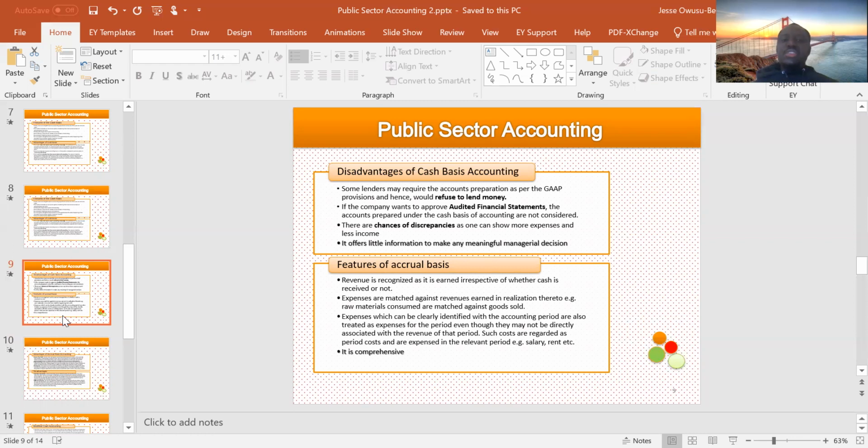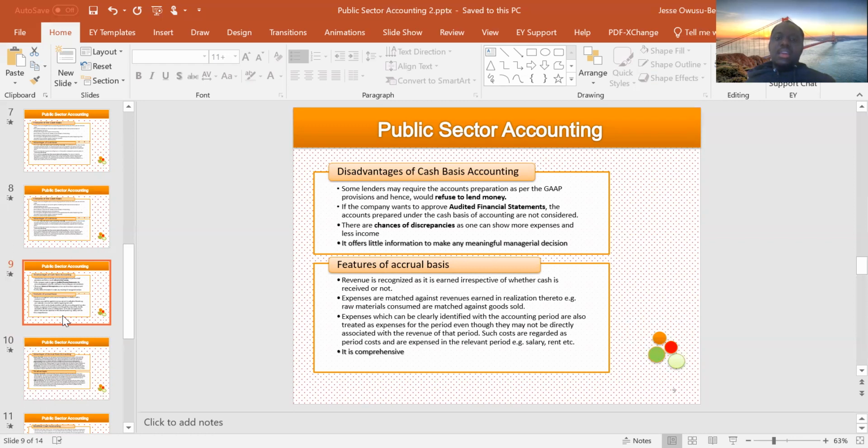Then let's talk about the features of the accrual basis. First of all, I think we talked about it earlier, but let me repeat what I said: in the accrual basis of accounting, revenue is recognized when it is earned and expenses are recognized when they are incurred.